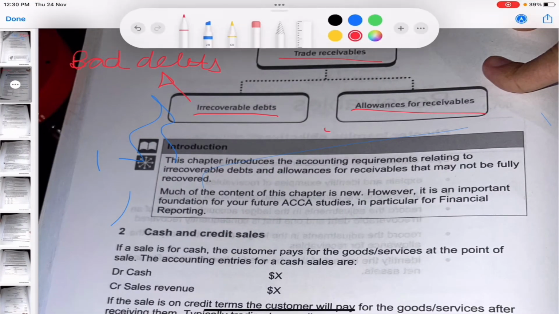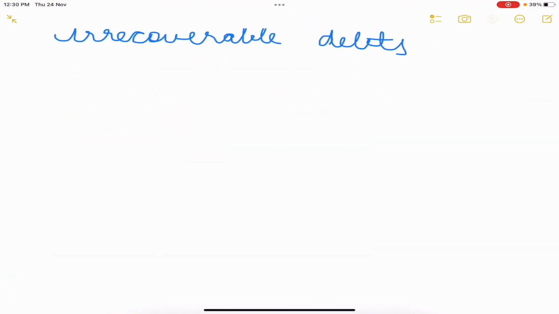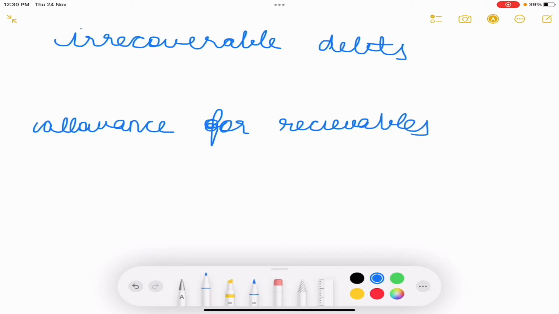Now, what do you understand by allowance for receivables? Let me show you that also. So let us talk about what allowance for receivables is. Every year a business assumes that this much bad debt will occur in the year. Let's say I have receivables of 10 lakhs.